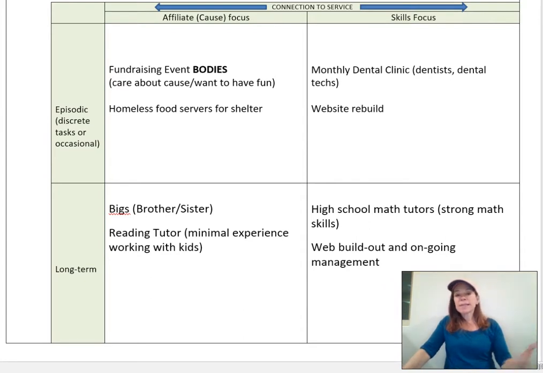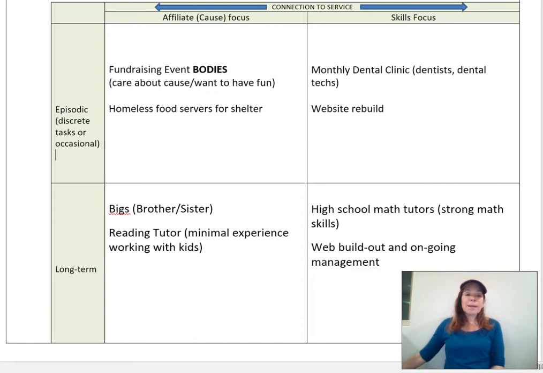So those things happen only once in a while, and it doesn't matter if you get the same group of people who worked in the spring event to show up at your fall event, and it doesn't matter if the people who volunteered last year are the same people who volunteer this year. Not that you don't try to keep these people coming back, you do, but it doesn't matter so much because they don't need any skills, you just need bodies, right?